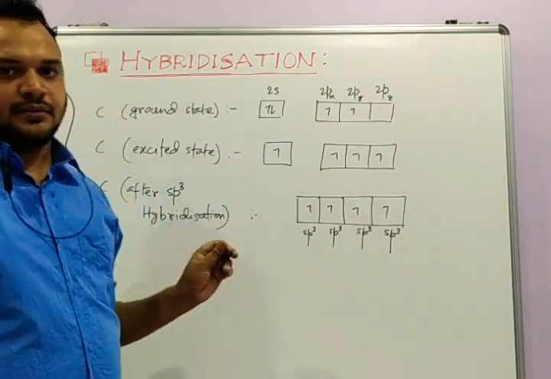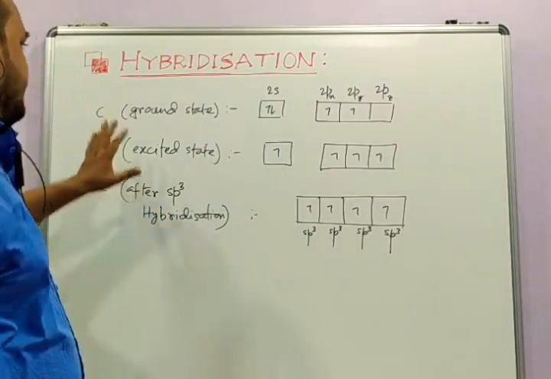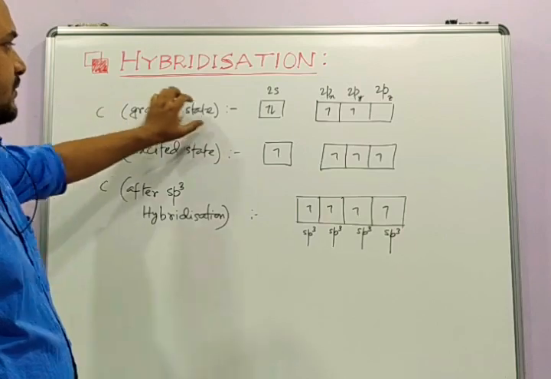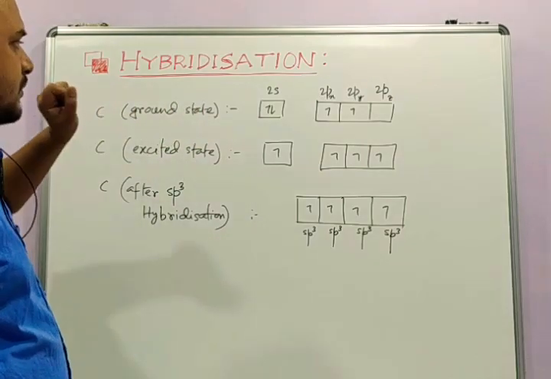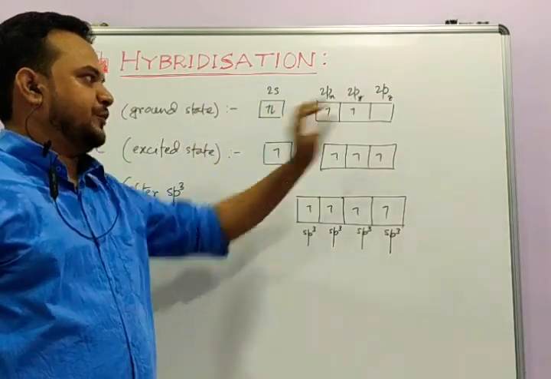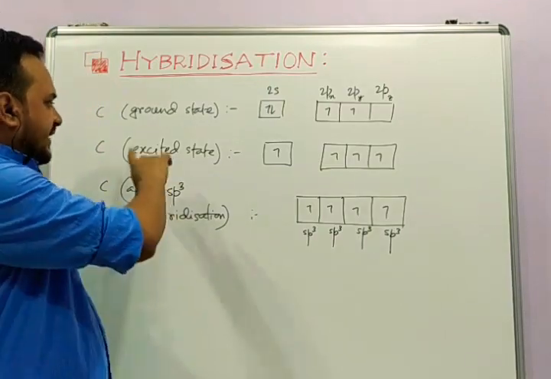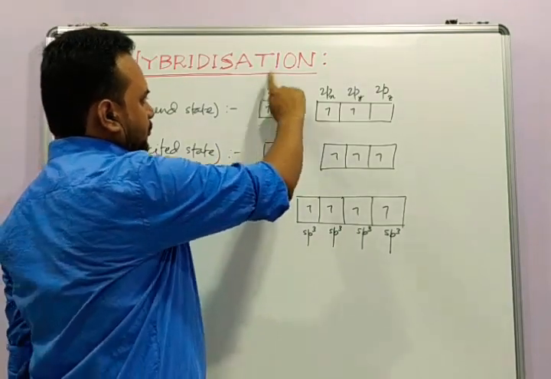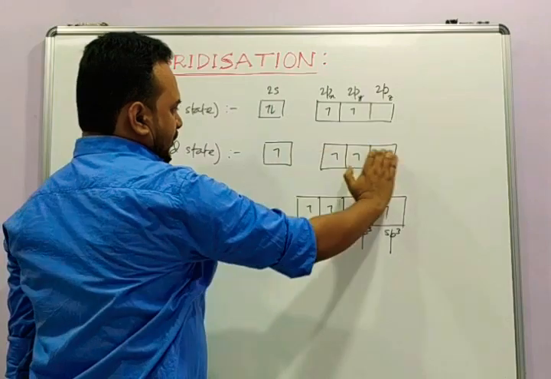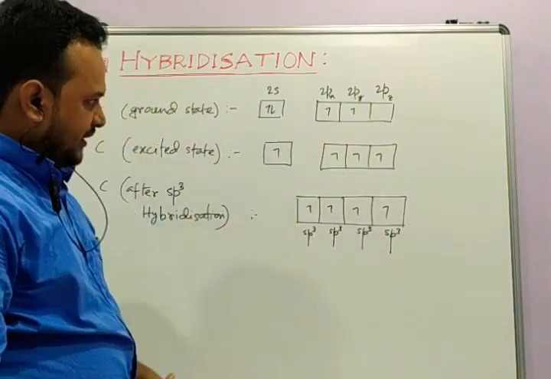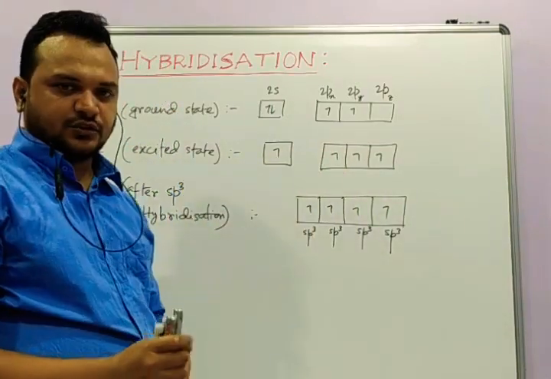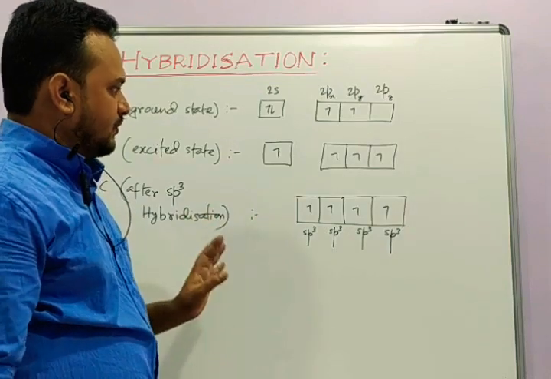So here comes the picture. Now see, in the ground state, the electronic configuration of carbon was 2s2 2p2. And then, as I said, in the excited state, one of the electrons from 2s is promoted to 2pz. We have now 4 unpaired electrons in the valence shell. So covalency 4 is now confirmed.